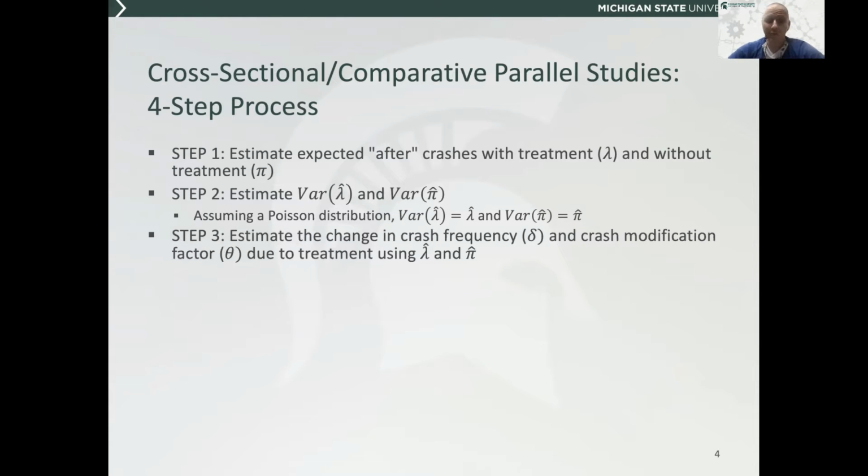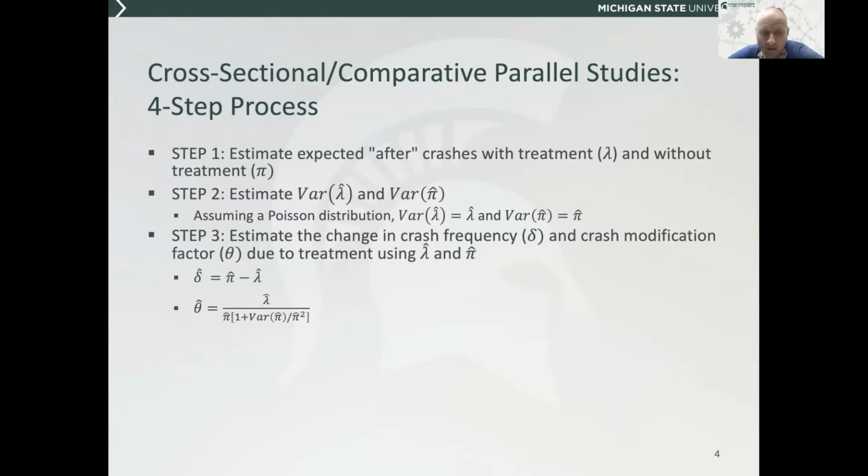And so having established that, we can then estimate the changes in frequency, delta, as well as our index of effectiveness or our crash modification factor, theta, due to the treatment based on our estimates for lambda and pi. Okay, and so again, that difference in crashes is just our observed number of crashes at the control sites minus our observed number of crashes at the test sites.